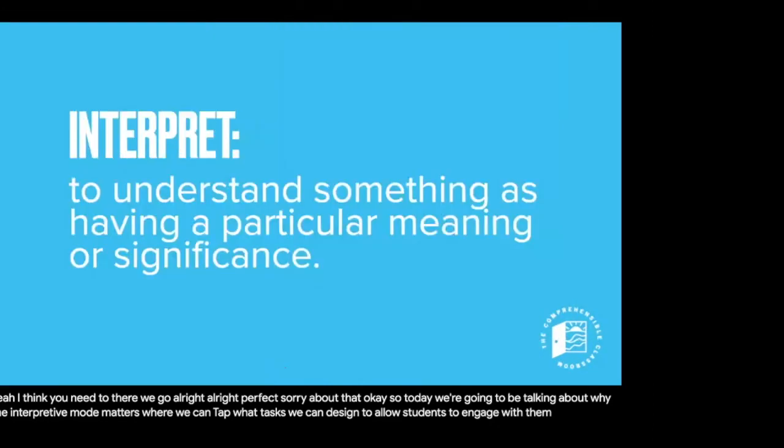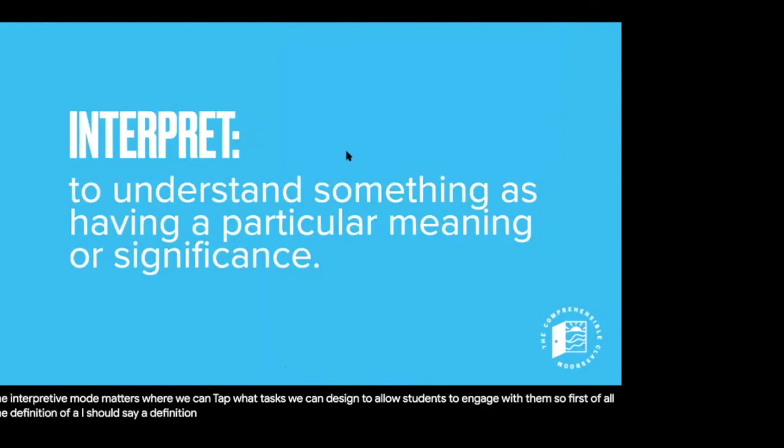So first of all, a definition of interpretation is to understand something as having a particular meaning or significance. So interpretation is really an active thing because it's not just listening, it's making sense of something. So you're trying to attach a particular meaning or significance to something.